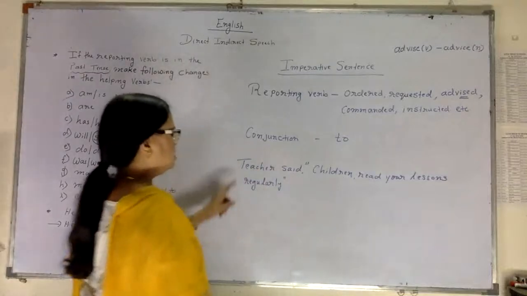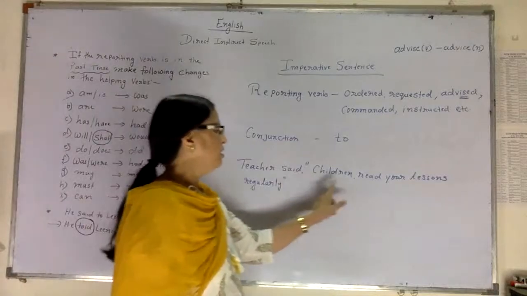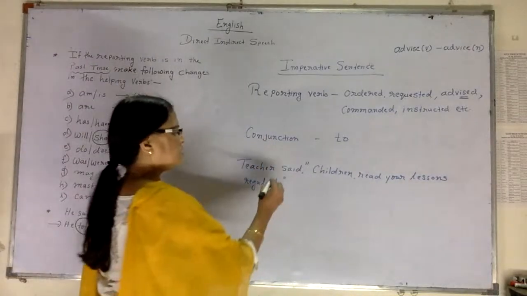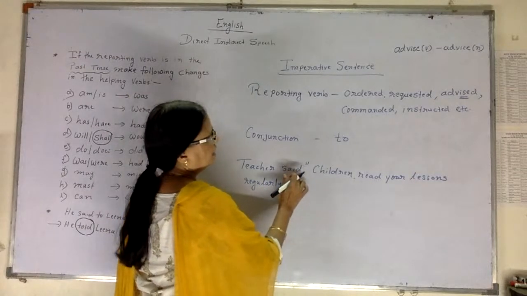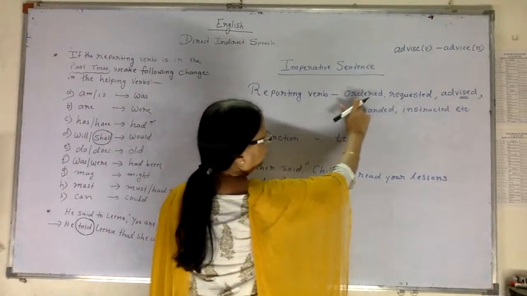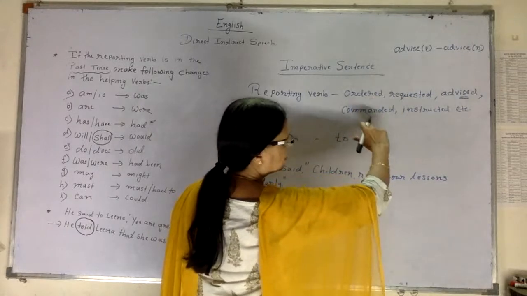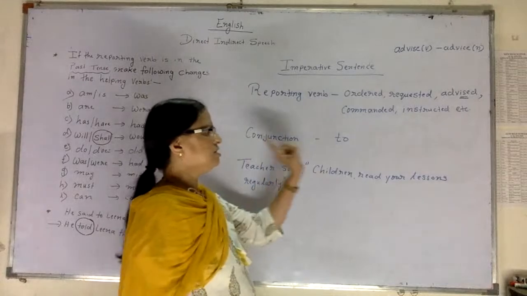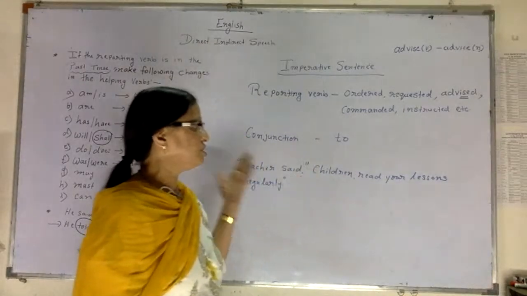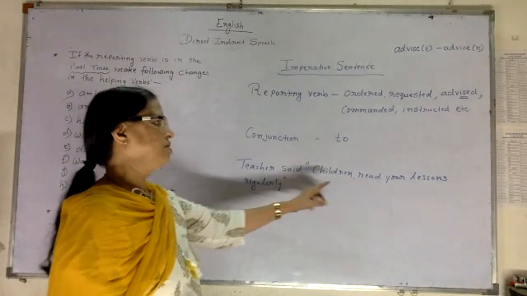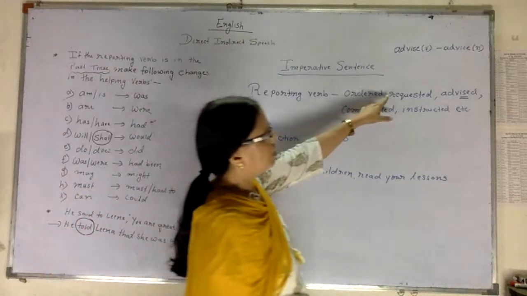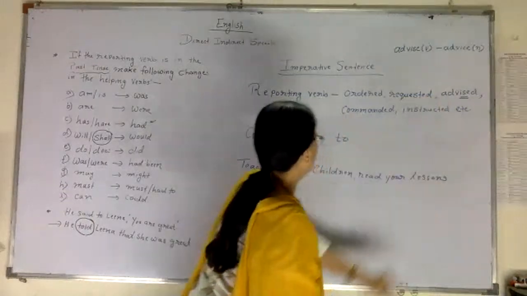Now see, "said" is the reporting verb. That reporting verb will change to ordered, requested, advised, commanded, instructed, or another. Here the teacher is advising the children to read the lesson. So instead of "said," which reporting verb will we use here? "Advised."